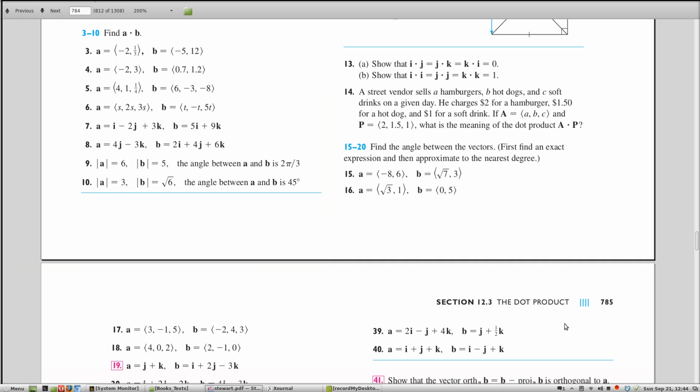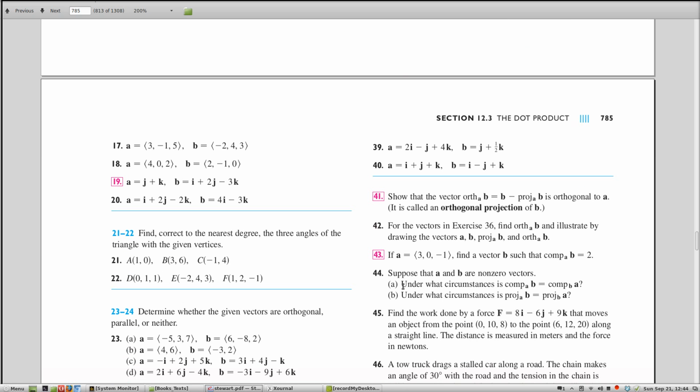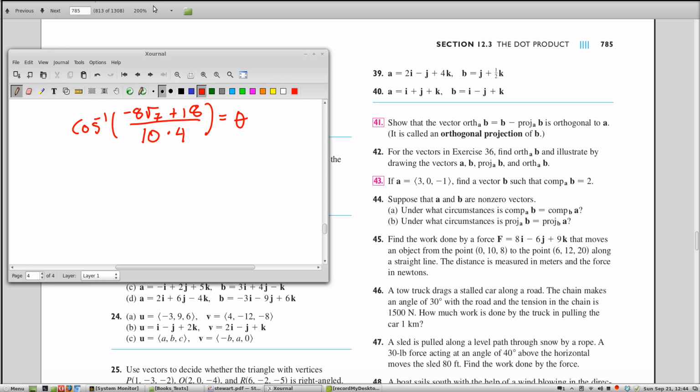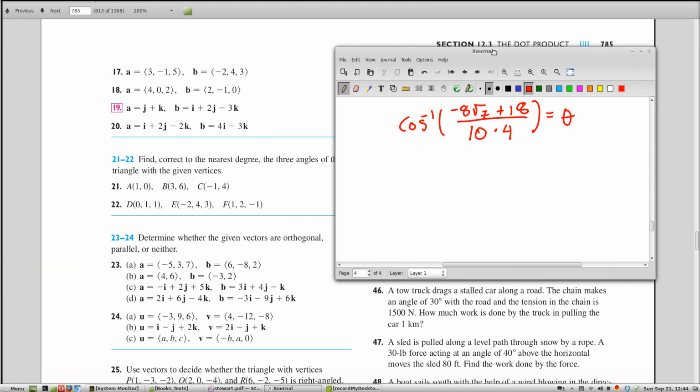And so let's keep going. So what about this? Well, you have to pick one of these to play the role of the origin for number 21, let's say.